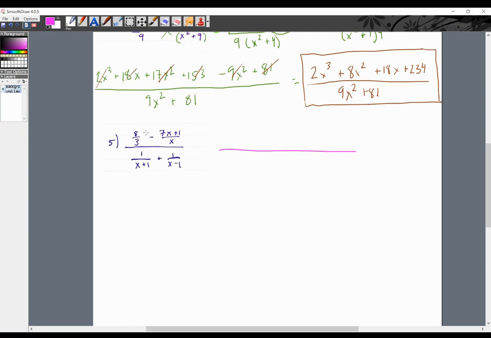Okay, so I'm going to deal with the stuff on top first. I'm subtracting fractions, so I need a common denominator. 3 and x are not the same, so if I multiply my two denominators together, I get 3x, and I'll have a common denominator. So 8x over 3x minus, we're going to distribute the 3.